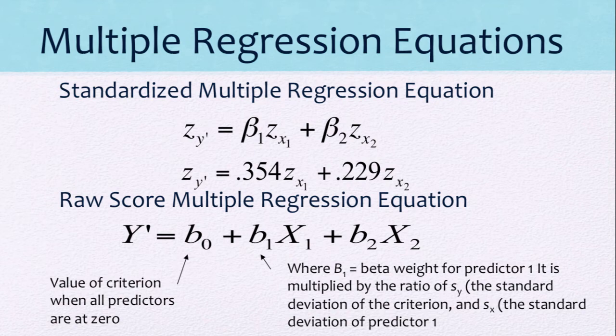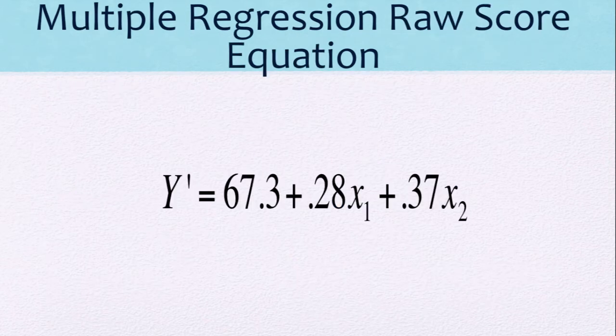You use the standardized slope and multiply that by the ratio of the standard deviation of y and the standard deviation of the respective predictor variable to get your raw score slopes. The raw score regression equation is particularly helpful when you want to make specific predictions. The slopes here, as in linear regression, are in the units of the respective predictor variables.